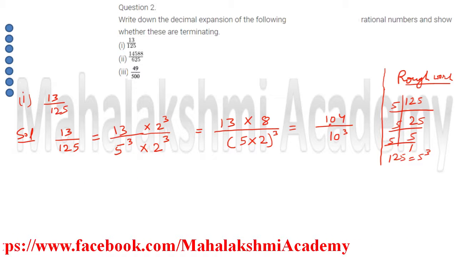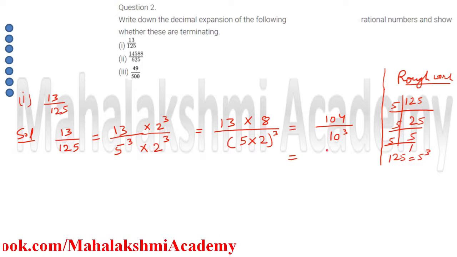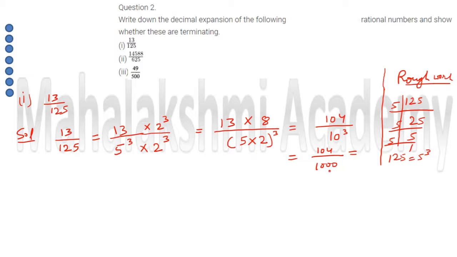So students, since the power is 3, we can write it as 1000. Now we have to convert it into a decimal fraction. Because there are 3 zeros, after 3 places we are going to put the decimal.